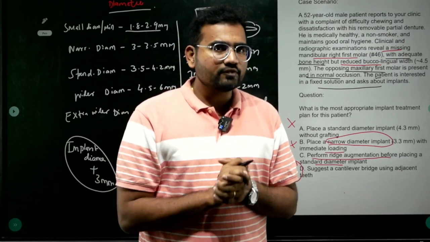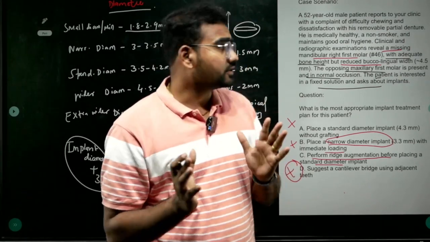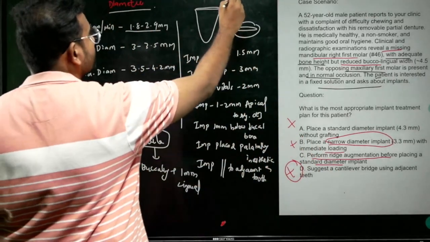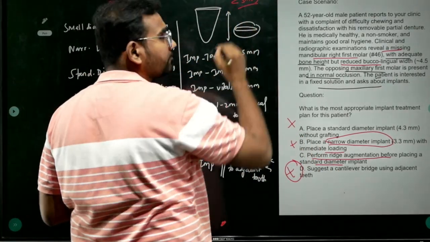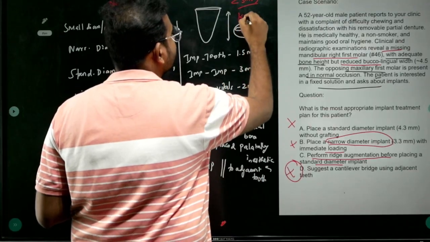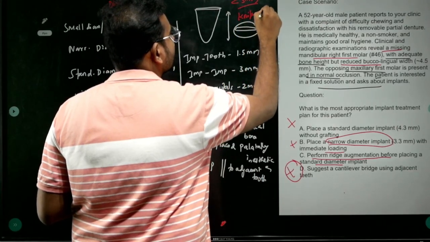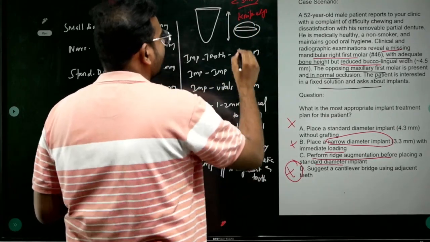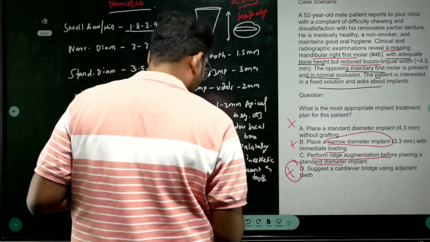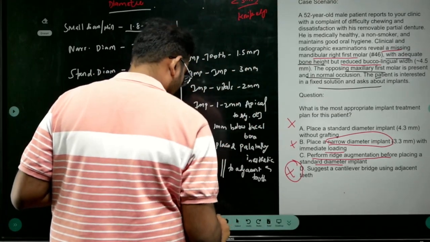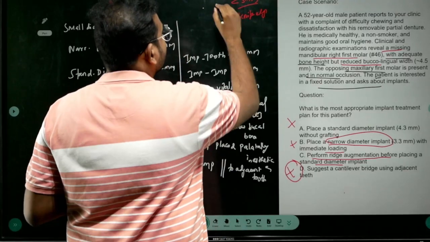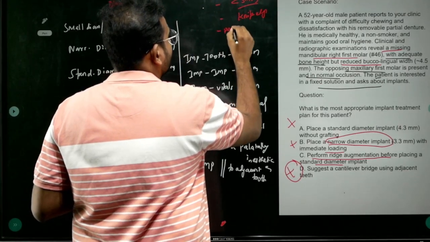So there are a set of rules for buccolingual width ridge augmentation. Okay, so the first rule will be if the bone width is less than 5 mm buccolingually, knife edge ridge. Okay, and then post-extraction collapse.